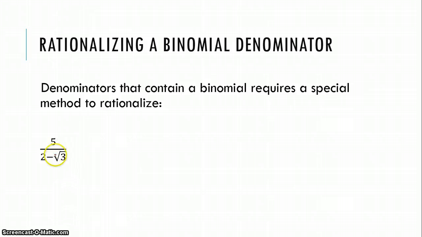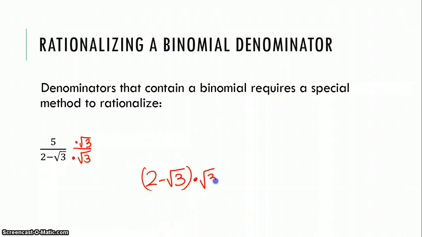Because if I say, oh, okay, here's root 3, it's causing me the problem, so I'm going to multiply by root 3 in the denominator. If I do 2 minus root 3 times, and so I need to multiply the whole thing by root 3, I can't just multiply a small piece of that denominator. I have to multiply the whole denominator by root 3 when I've written this. So what do I end up with? I end up with 2 root 3 minus square root of 9, so 2 root 3 minus 3.